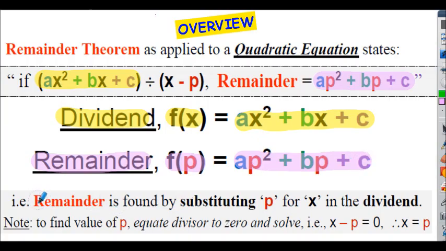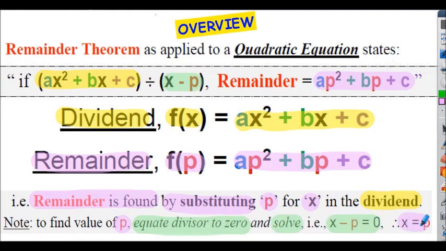Note the remainder is found by substituting p for x in the dividend, and to find the value of p, we equate the divisor to 0 and solve. So x minus p equals 0, so x is equal to p. And so p has effectively changed its sign between the divisor, x minus p, and the value of p used in the remainder theorem, which would be positive p.